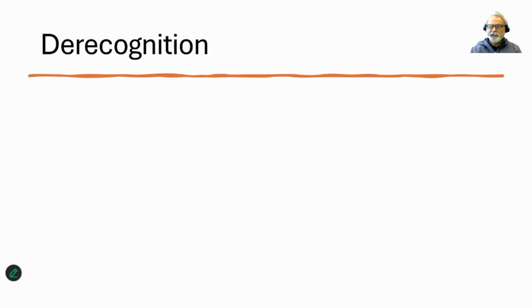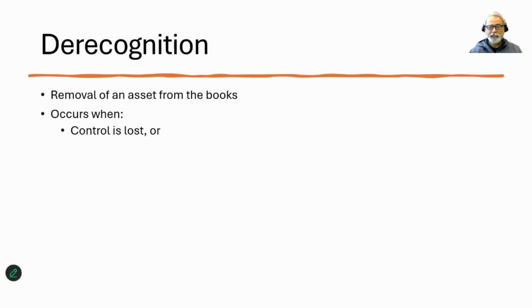So derecognition is when you remove an asset from the books. Why? It happens when either control is lost or no further future economic benefits are expected from the said asset. So essentially, it ties back to the definition of an asset.